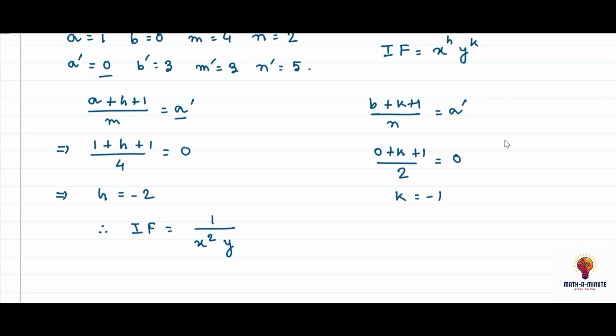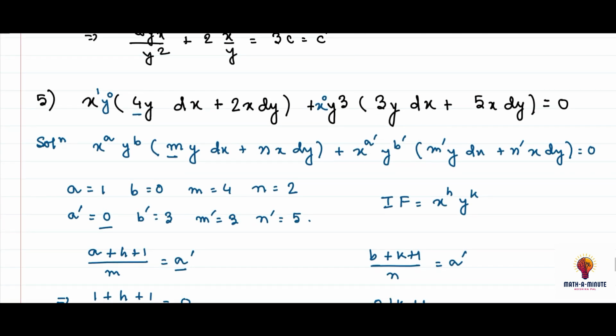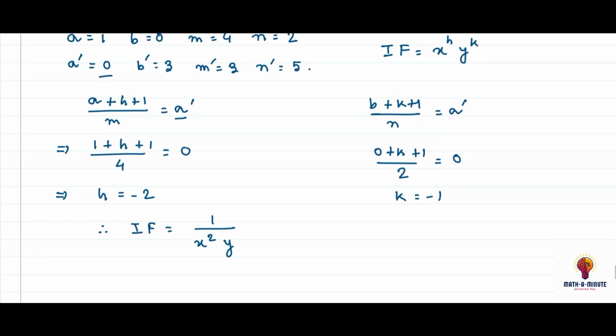Now we have to find the general solution. For that, we have to modify this equation a little bit. In the integrating factor there is x involved, so we don't need to calculate for the dy part; we just have to calculate for the dx part.